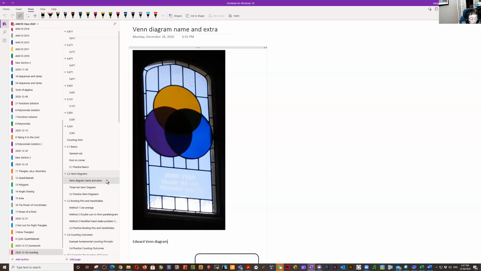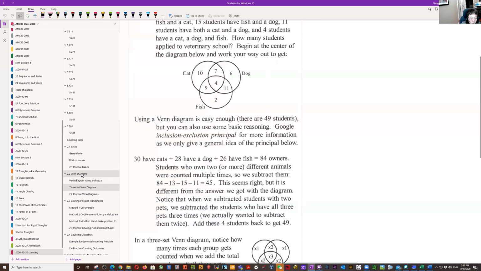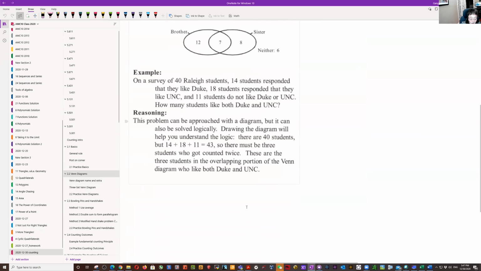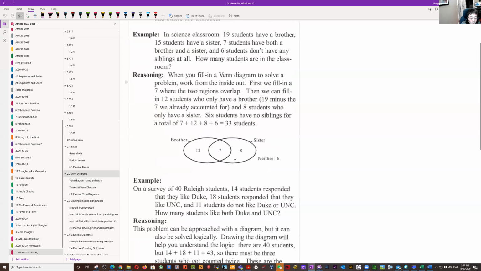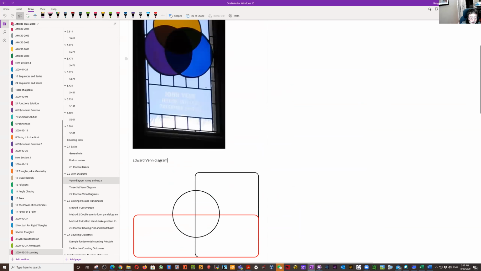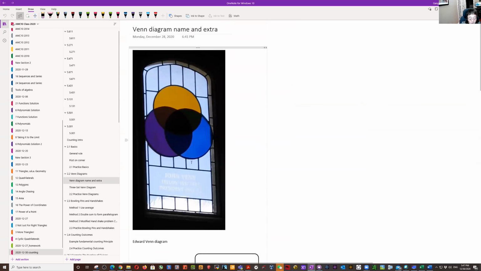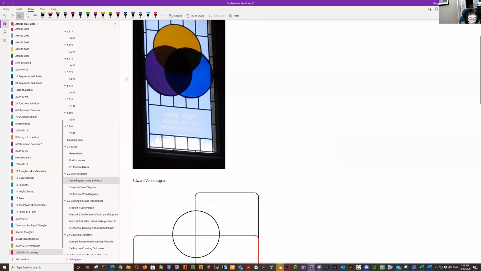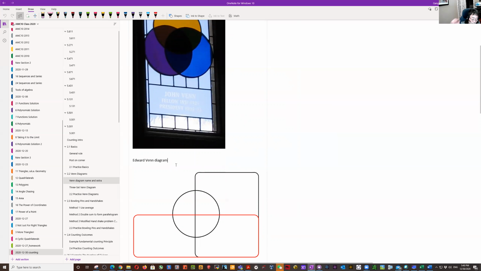And the Venn diagram, obviously, you have one circle Venn, two circle and three circle. This is actually on the tinted glass of a church inside Cambridge University. On the glass, it's a tinted glass with the three category Venn diagram. But the Venn diagram has some limitations, it can only go up to three.